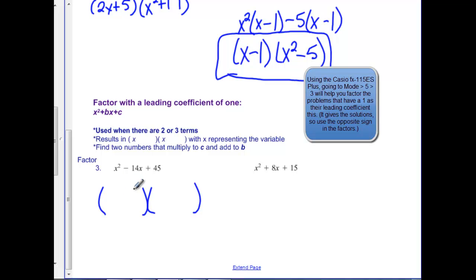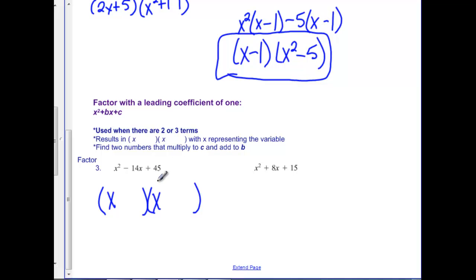Okay, so what it's doing is actually giving you the solutions if this was set to 0. So the old school way, without the mode 5.3, is to find two numbers that multiply to a positive 45, which means the same signs, and add to a negative 14, which means they're both negative. And then 9 and 5 will work. Same idea for the second one, but again, we're going to skip it.